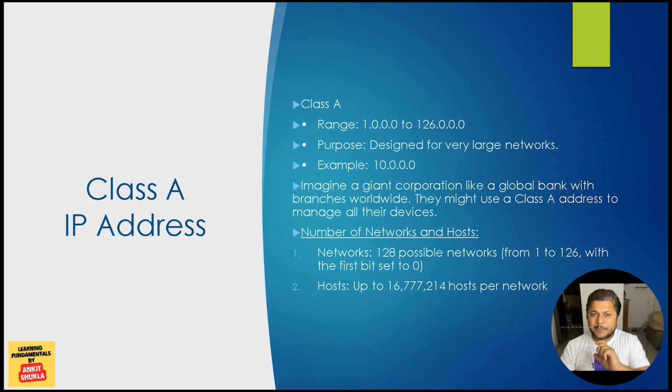The advantages of Class A IP addresses are that they are highly scalable, because with millions of possible host addresses within a Class A network, it can accommodate a vast number of devices, making them ideal for large organizations. The second advantage we have with Class A IP is simplicity, because the default subnet mask of Class A IP, as I explained earlier, is 255.0.0.0.